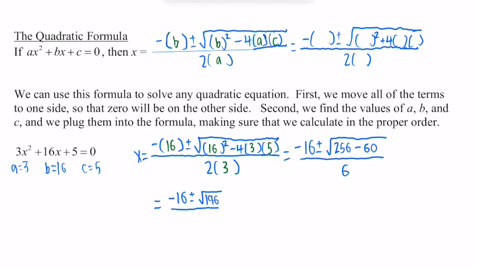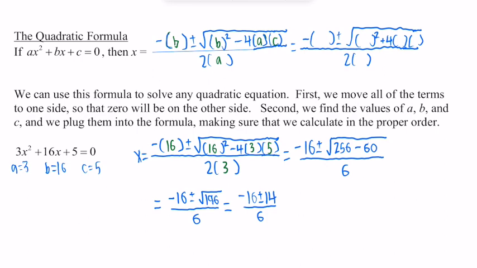Next, you want to simplify the square root as much as you can. And in this case, the square root of 196 is exactly 14. So we have negative 16 plus or minus 14 over 6. Now, the plus or minus symbol on the top tells us it could be either. It could be a plus or a minus.